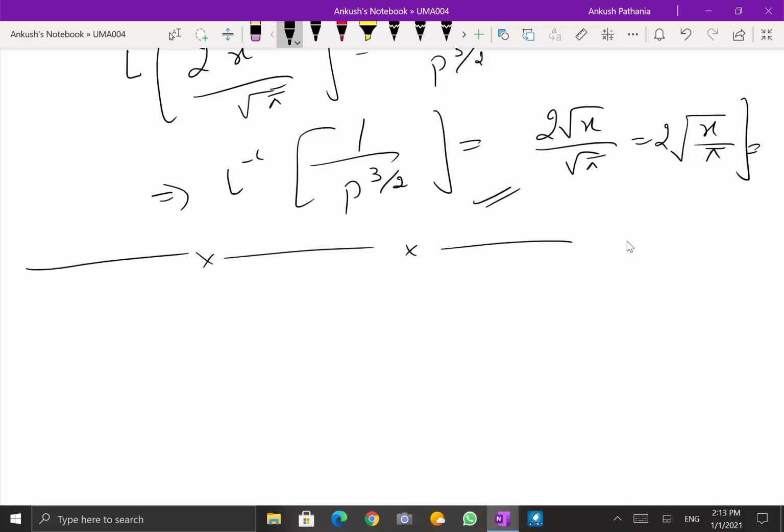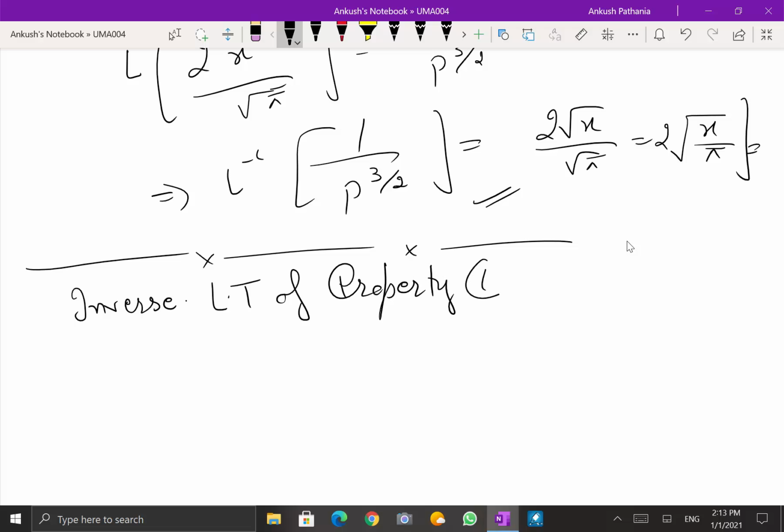So first is the inverse Laplace transform of property 1, the first shifting property.